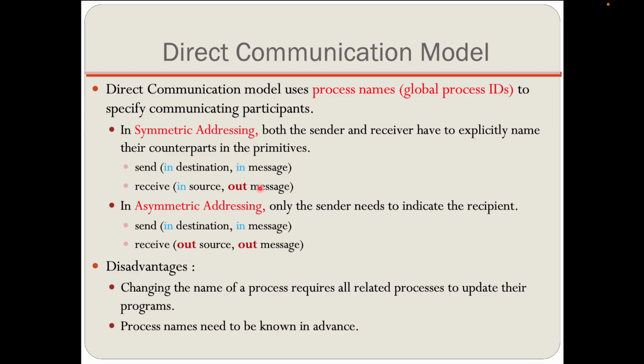For the second kind of mechanism, we call it asymmetric addressing. That means only the sender needs to specify the receiver. The receiver can use both the source address and the message as output arguments. That means any sender, as long as their message is designated to this particular receiver, the receiver is willing to accept.